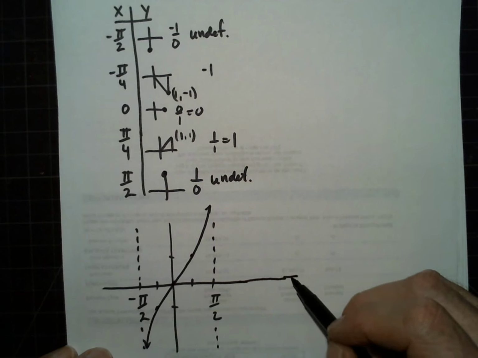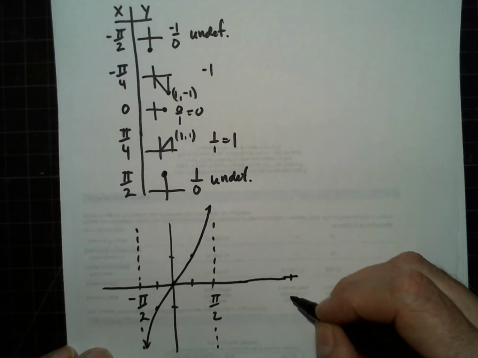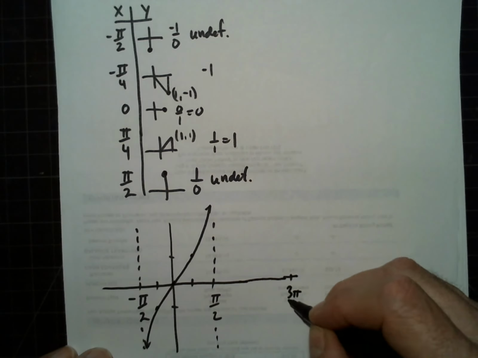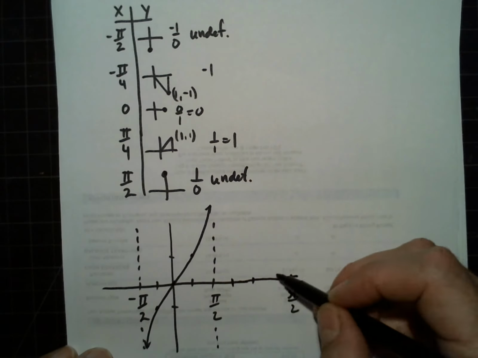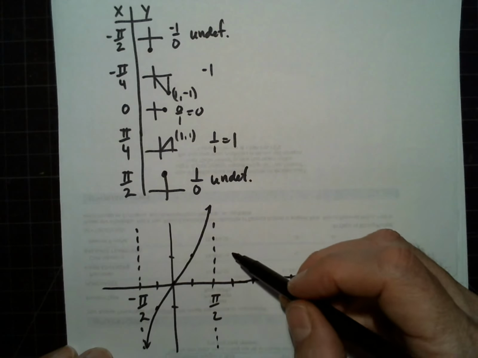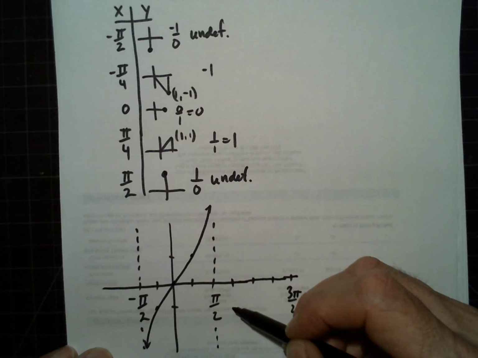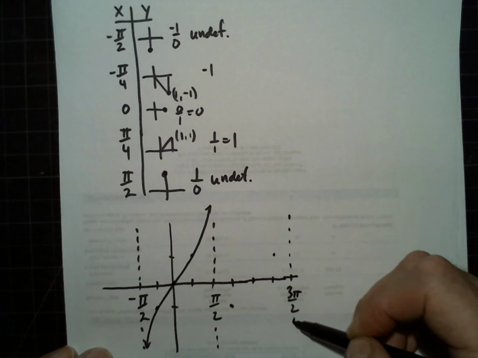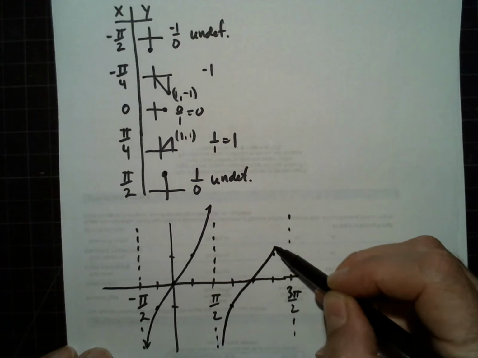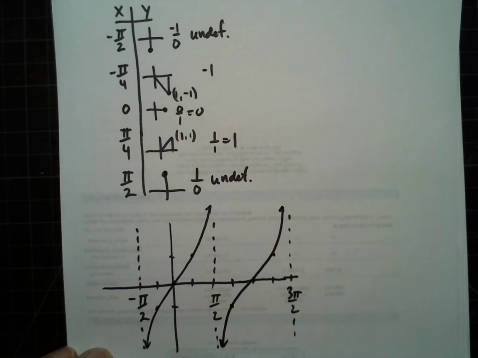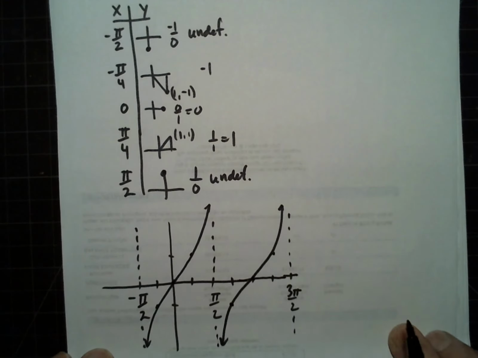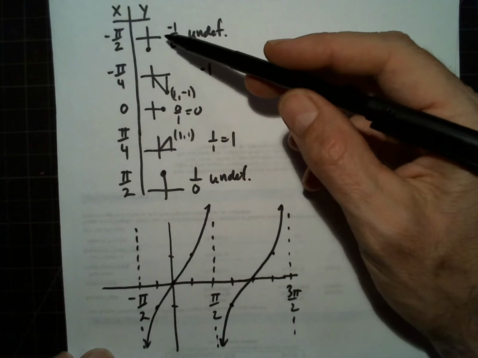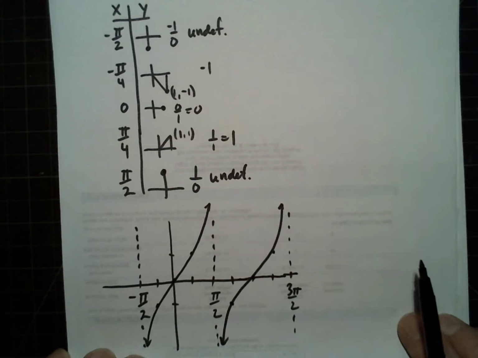So if we get another pi over here, that would be 3 pi over 2, and that same pattern occurs. And that's why tangent has that shape, because of these points.